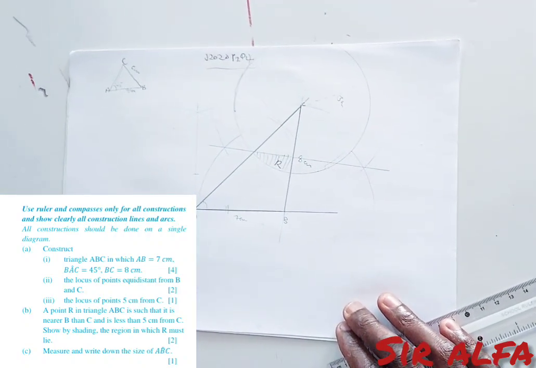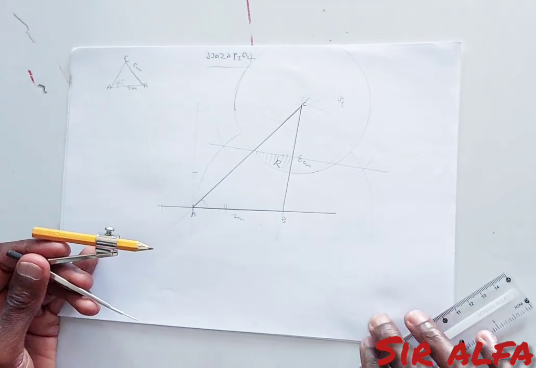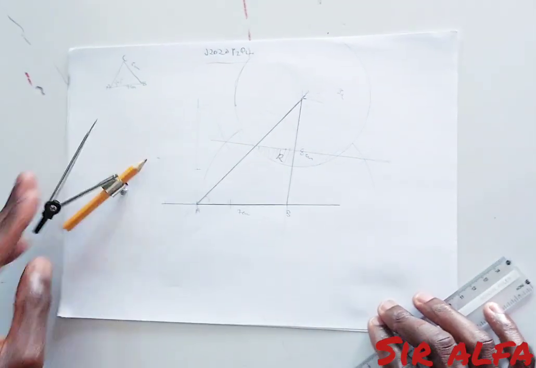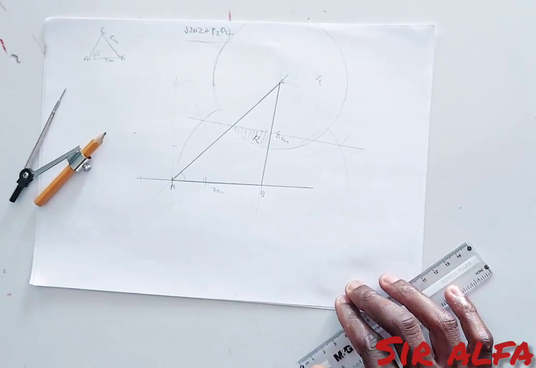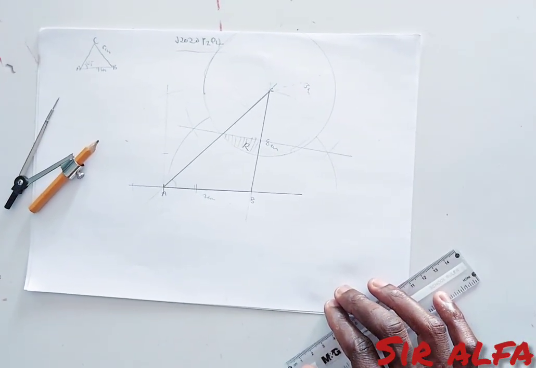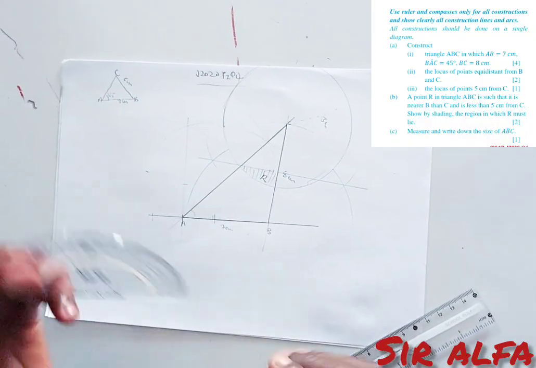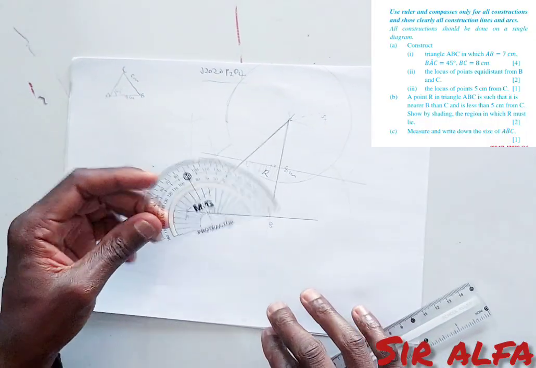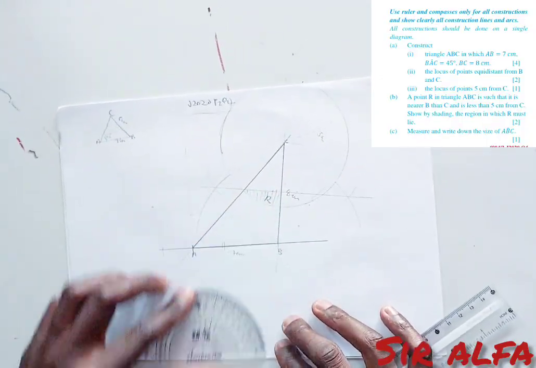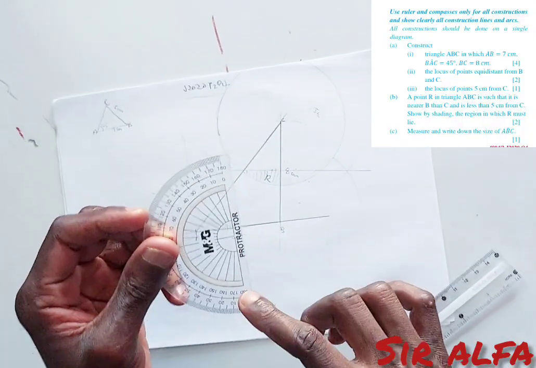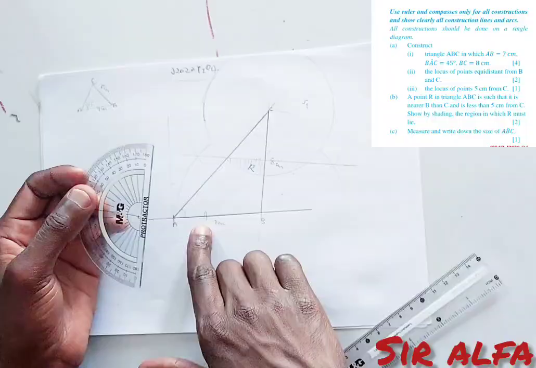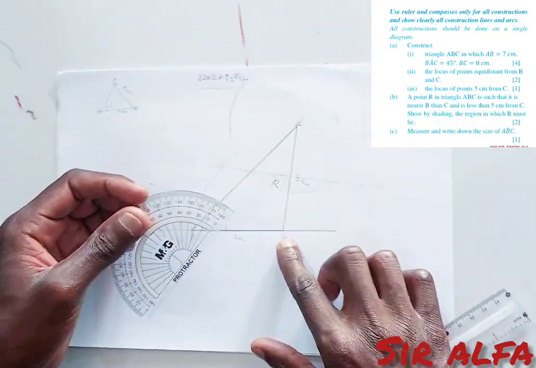And then measure and write down the size of angle ABC. If you want to measure the angle, we have to use the protractor. This is the protractor for measuring angles. So you can place it like this one. The protractor has this baseline, and it has to align with this line and the point at the angle.